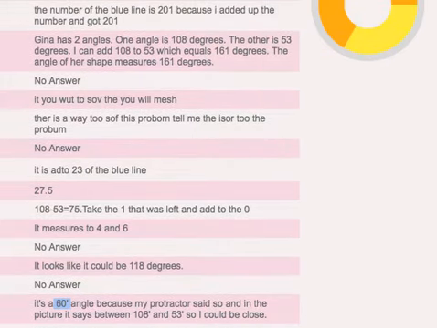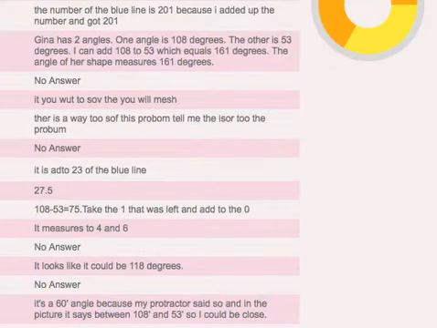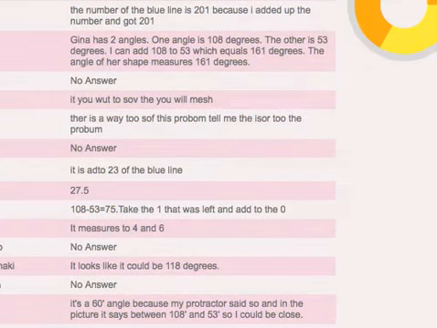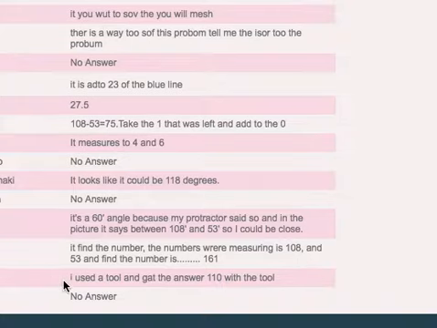Let's see. This one here, I used a tool and got the answer 110 with the tool.